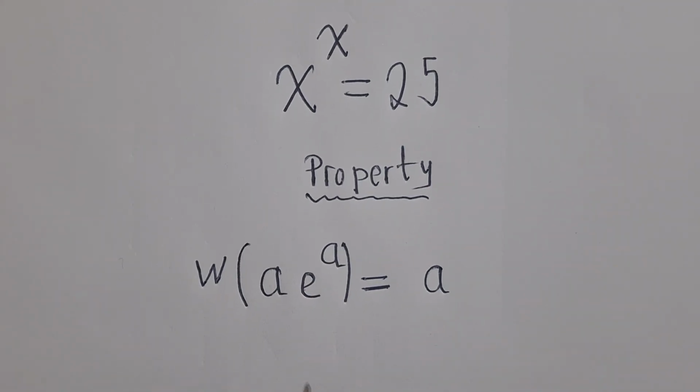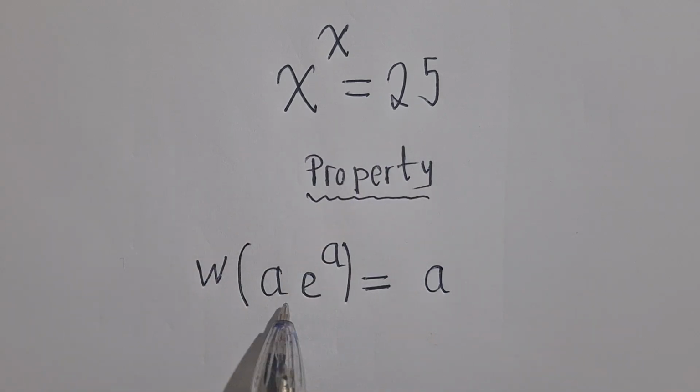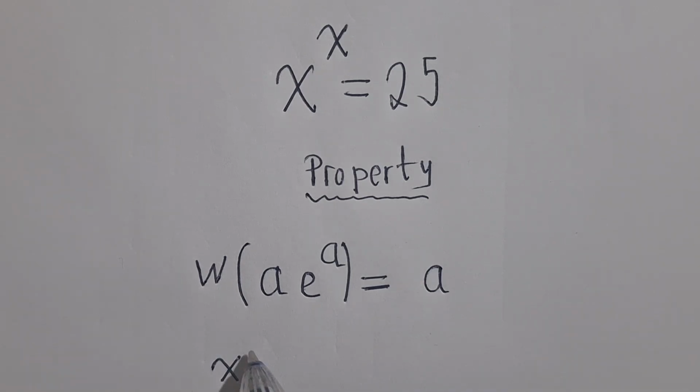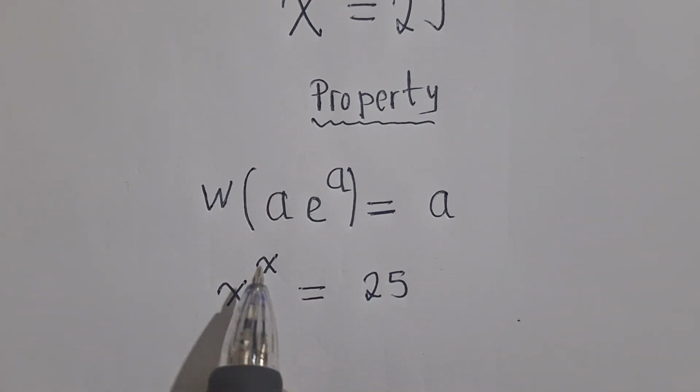So now we're going to get this equation and write it in this form. It will be x power x is equal to 25. So this is what we have. Now to write this equation like this, we shall introduce what we call log.